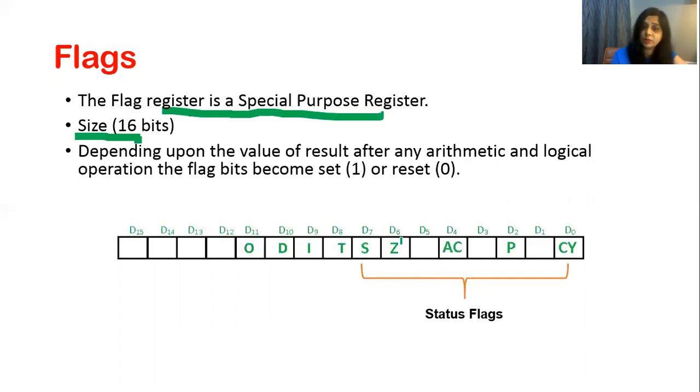All this information can be obtained by checking these flags, hence they are called status flags. And these three are control flags.